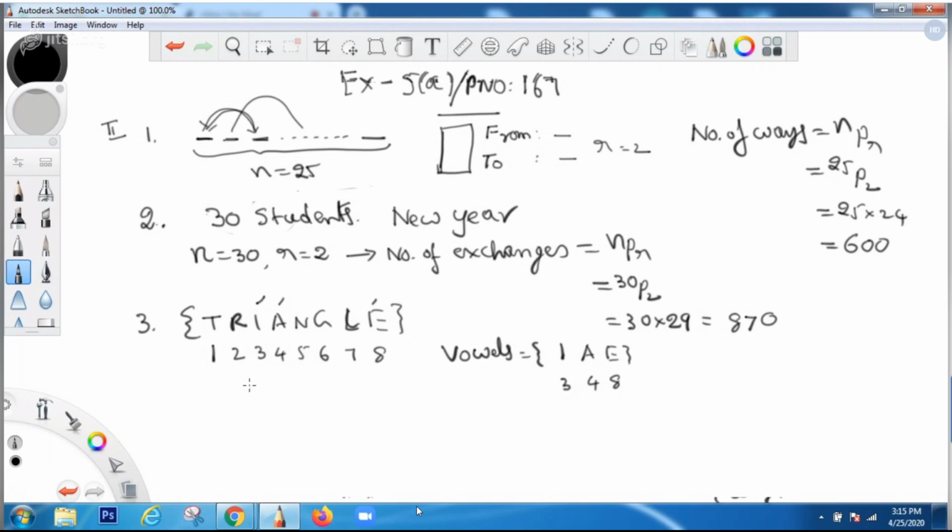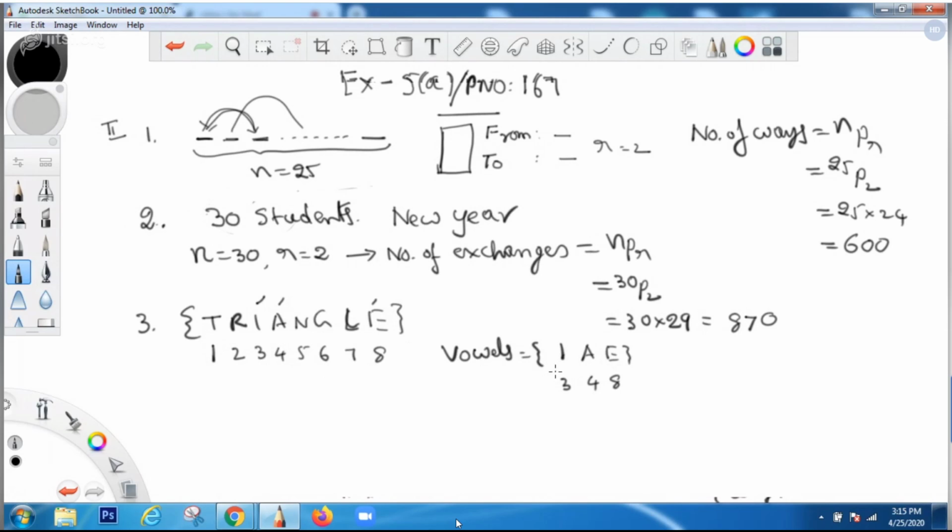So first we are going to arrange the vowels and then the remaining letters, the consonants. How many vowels are there? Three. How many places are there for them? Three. How many ways can we arrange them?